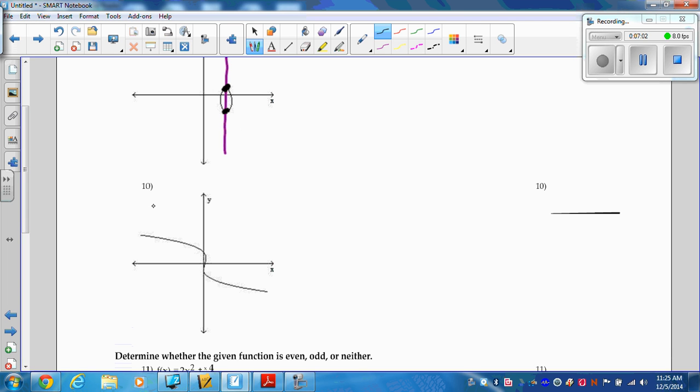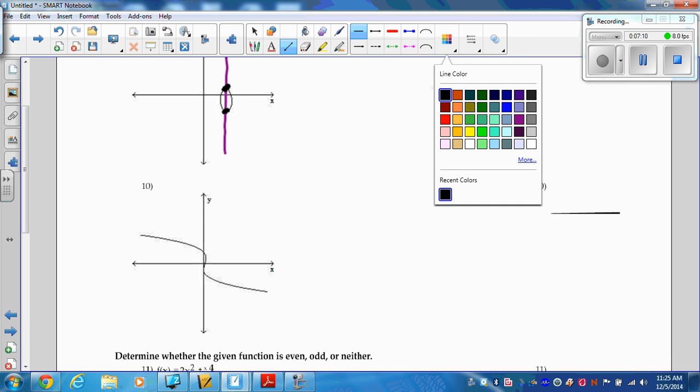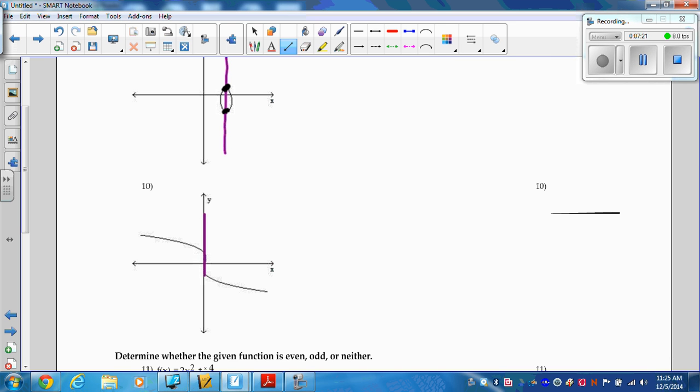Okay, in number 10, likewise, you can see that I can draw a straight line here. And I wanted to get a very straight line here, because if I put my straight line here and I draw it vertical, I am touching that line in a couple of places.